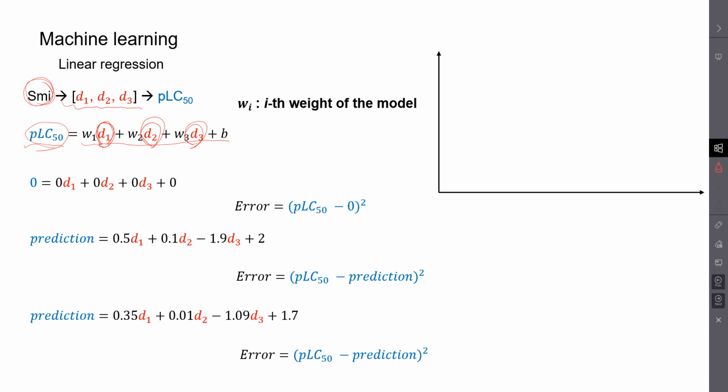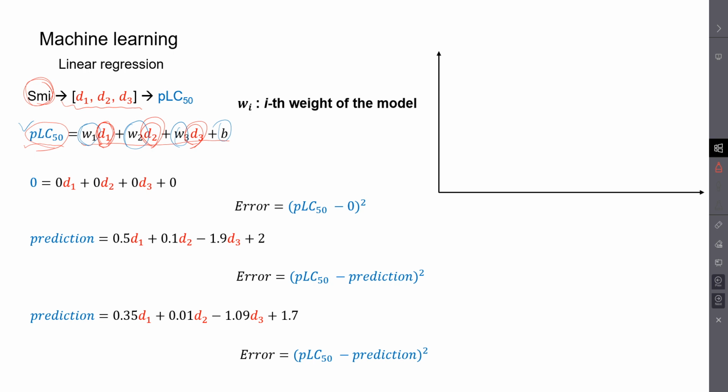And now to complete this model, we need to define these weights and bias. So through machine learning, we want to complete this equation, and what we know is in the red circle, and what we don't know is in blue.